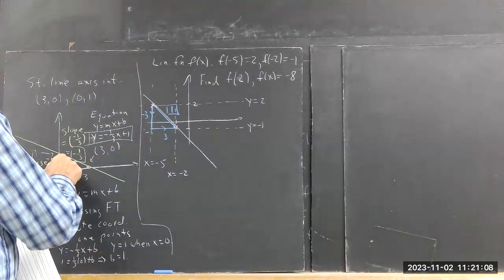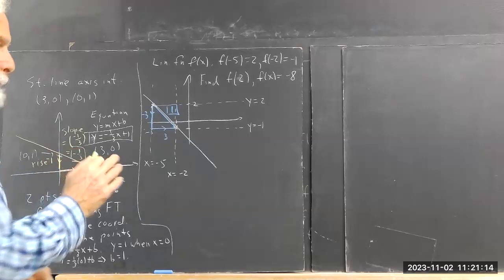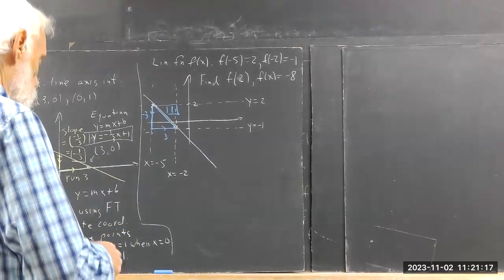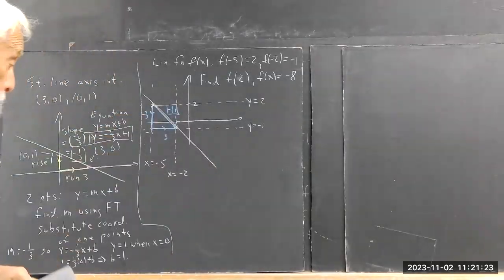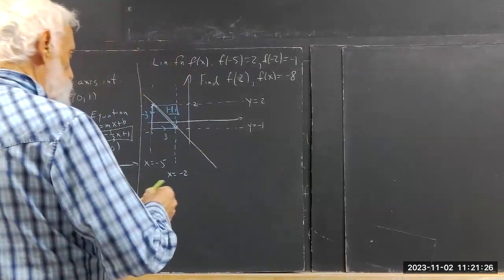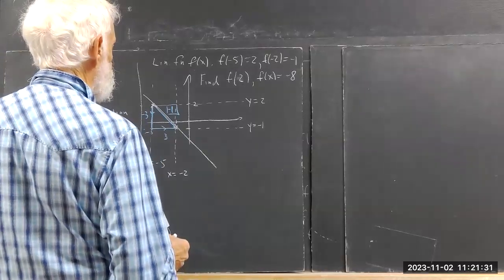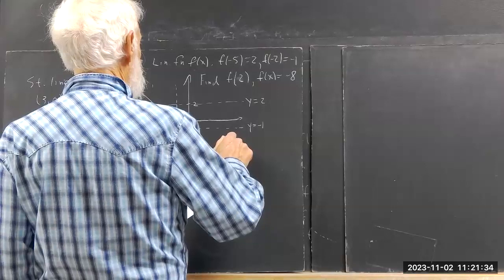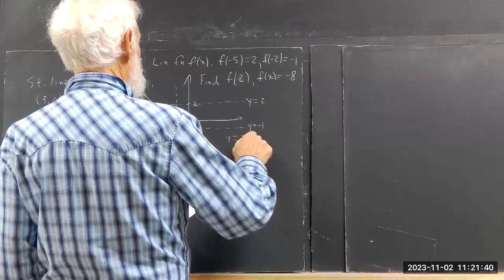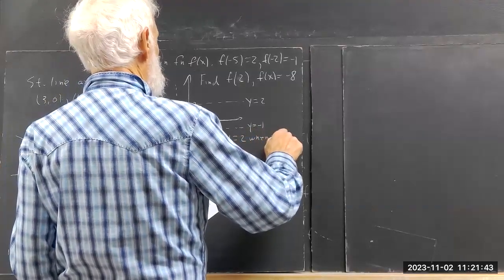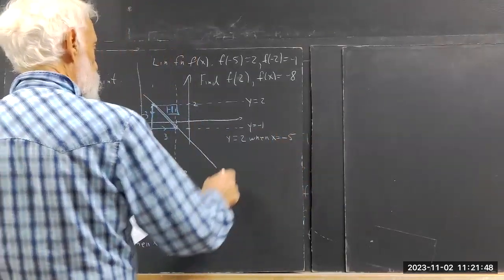And over here, I should have used arrows to indicate a path from this point to this point, so we keep the positives and negatives straight. So the slope is negative 1. And then y is 2 when x equals negative 5.